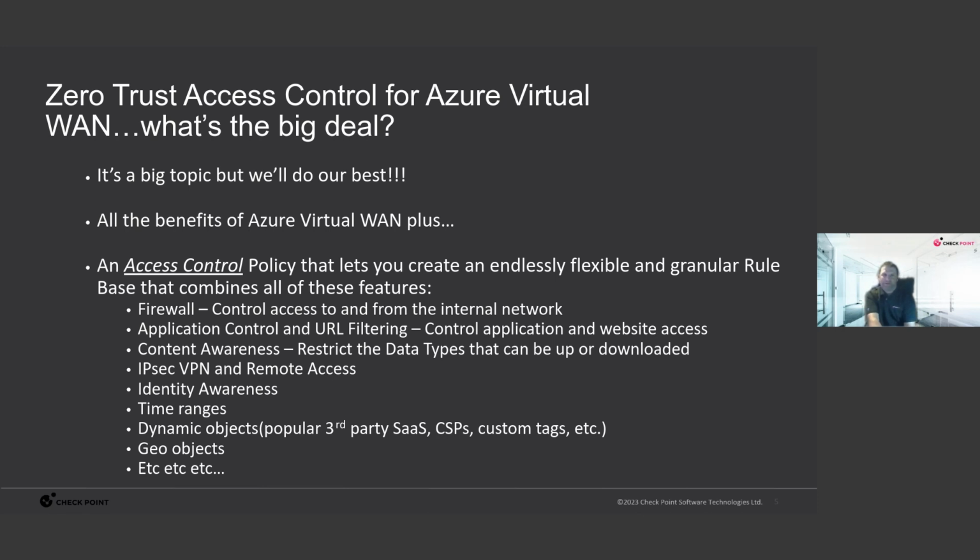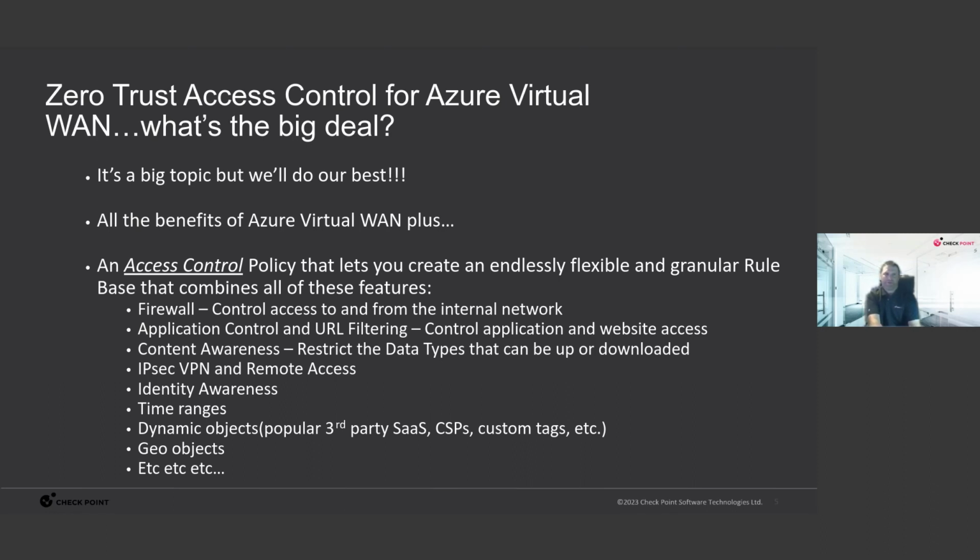The simplicity of Azure Virtual WAN with the networking components, linking up and providing security very quickly and easily compared to what was available in the past, combined with the security and operational ease of CloudGuard Network Security and the ability to create flexible security policies that will answer whatever the business brings to you for a request or a need to accomplish. As Jonathan mentioned, as we mentioned in the title, this first episode is about access control. The second will be involving threat prevention.